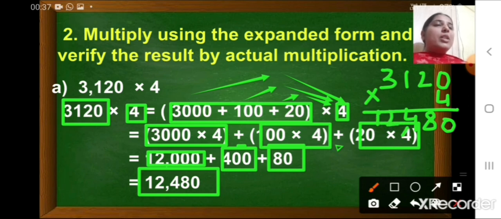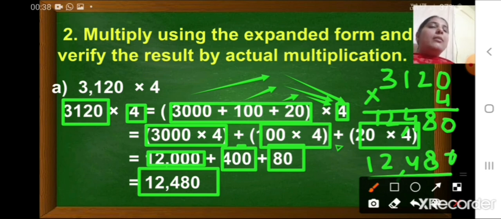So 12,480. We got the same answer we got when we multiplied using the expanded form. Okay, children. So this shows that our multiplication using expanded form is correct.